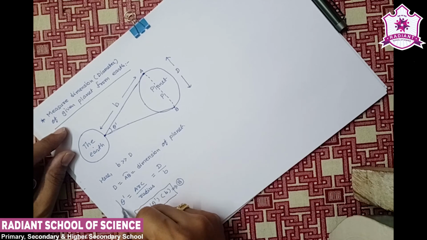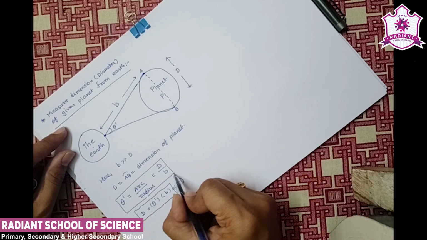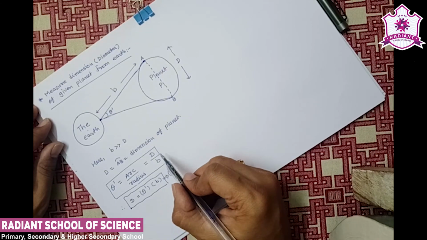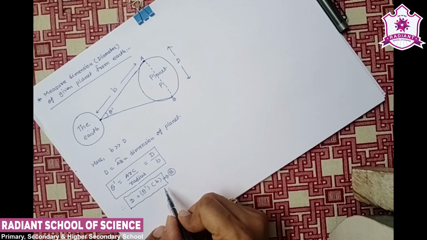This is our basic equation for the dimension of the given planet.